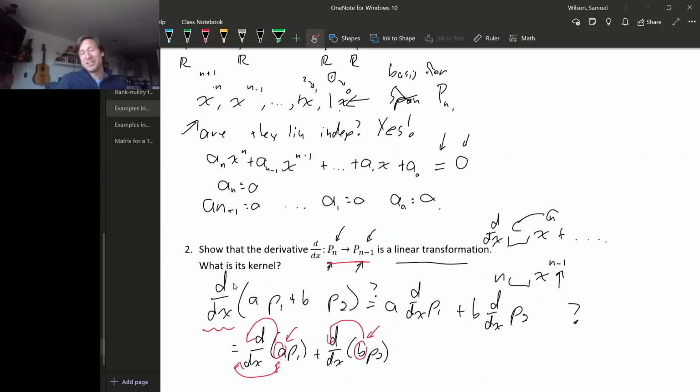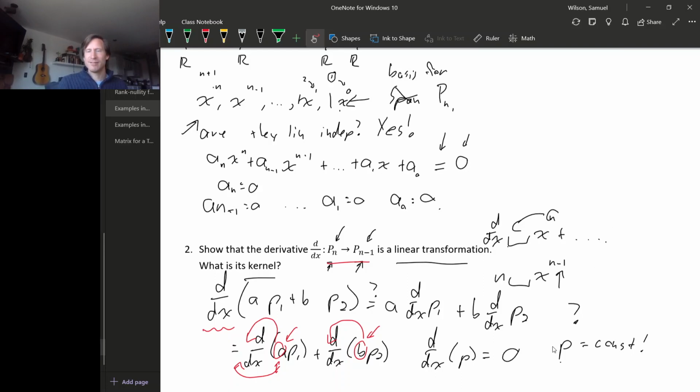All right, if it's a linear transformation, what is its kernel? What we're asking is, for which polynomials p, when you take the derivative, do you get 0? Hopefully this is a familiar enough question from calculus that you remember p has to be a constant.